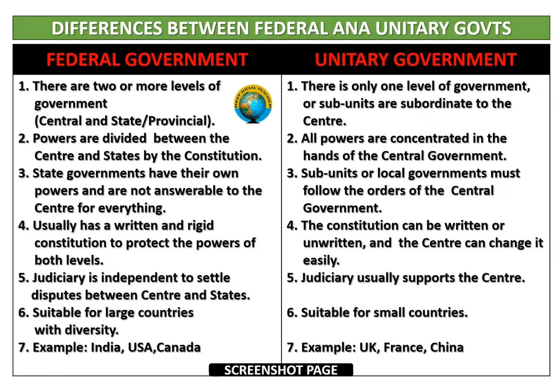Usually has a written and rigid constitution to protect the powers of both levels. The constitution can be written or unwritten and the center can change it easily. Judiciary is independent to settle disputes between center and states. Judiciary usually supports the center. Suitable for large countries with diversity, suitable for small countries. Example: India, USA, Canada. Example: UK, France, China. Please take a screenshot at this place and read it.